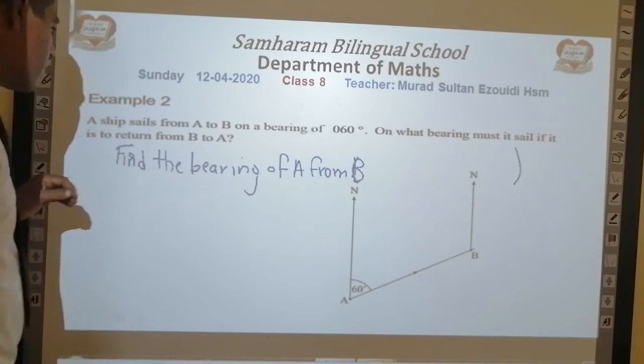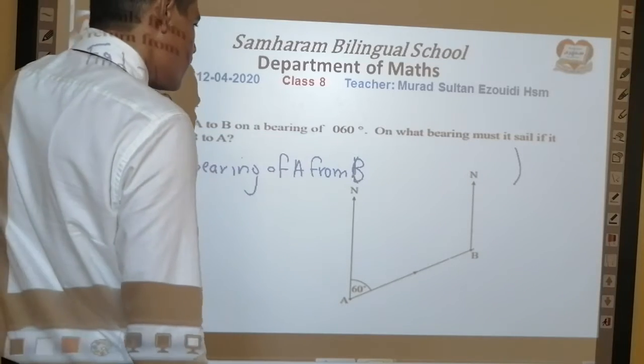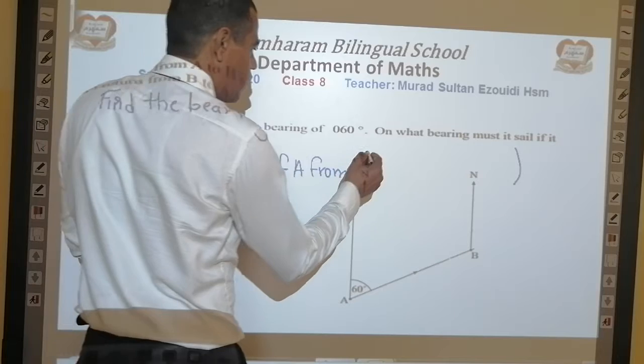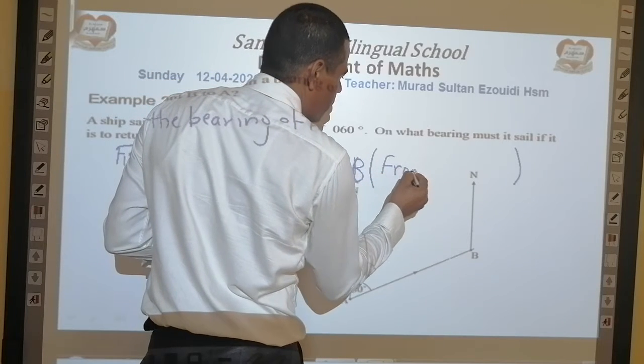Okay. So find the bearing of A from B or the bearing from B to A.